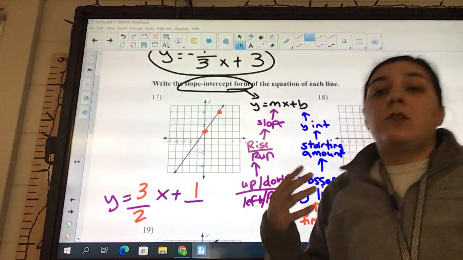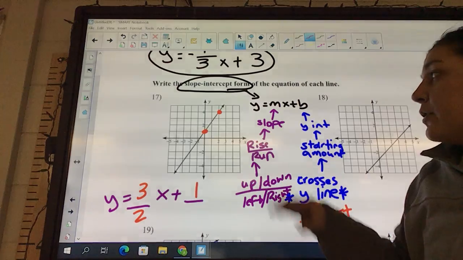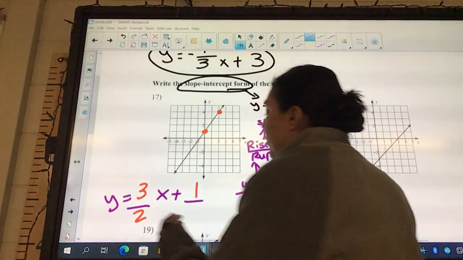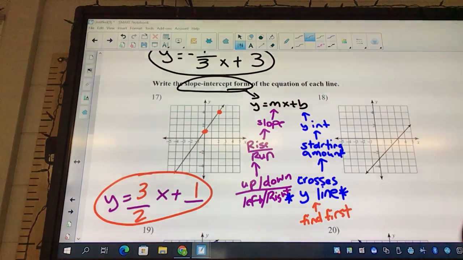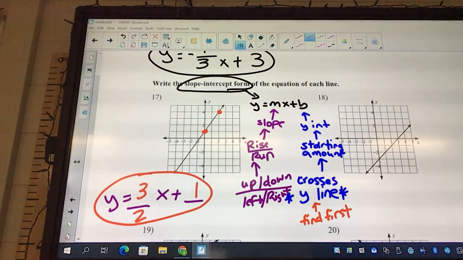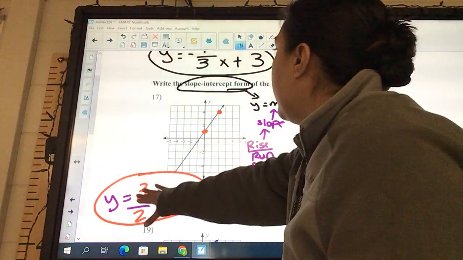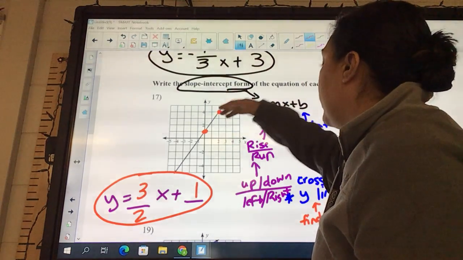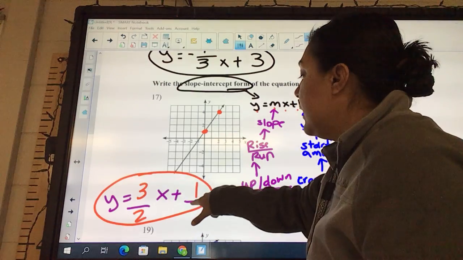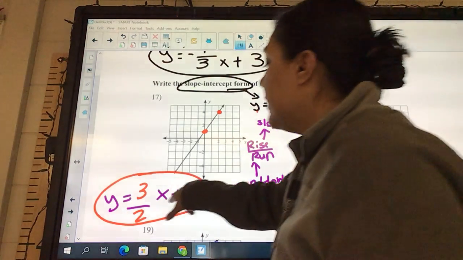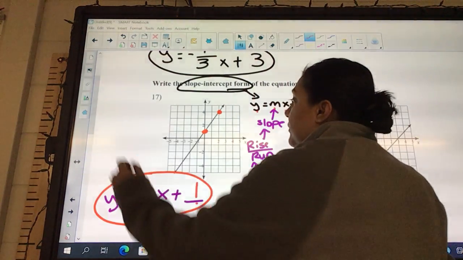Otherwise it probably does not make much sense when we're talking about the positive and negative lines. And so this is what we got. Slope-intercept form, y equals mx plus b. My y-intercept is 1, and my slope is 3/2.